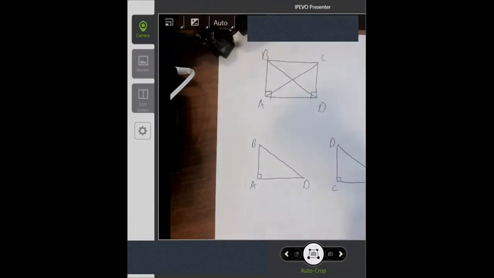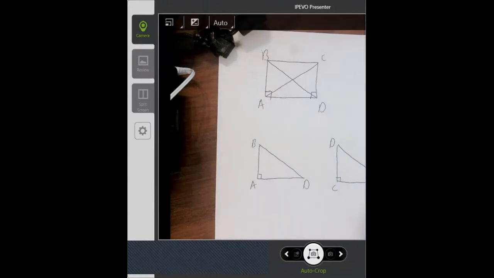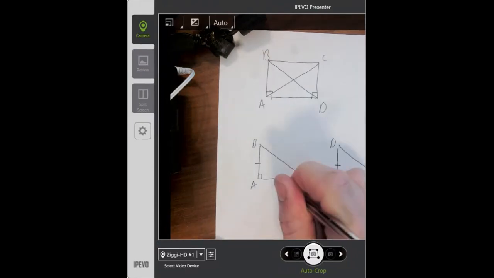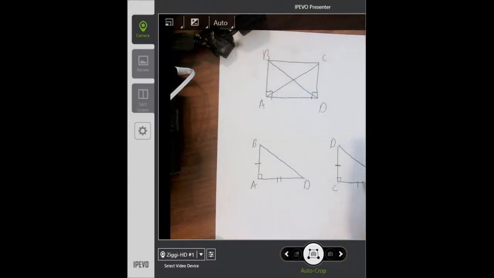Well, let's see. We know that segment AB is congruent to segment CD. We know that angle BAD is the same as angle DCB. And we also know that segment DA is the same as segment CB.